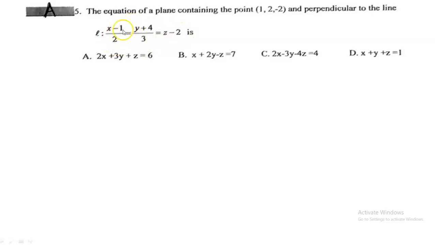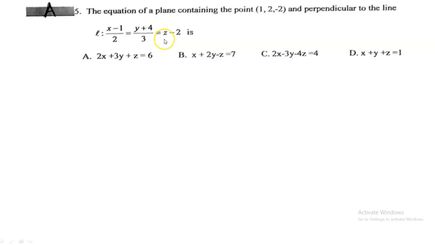If the plane is perpendicular to the line, then as long as the directing vector is parallel to the line, the directing vector is going to be perpendicular to the plane. So the vector with components 2, 3, 1 is considered to be the normal vector to the plane.